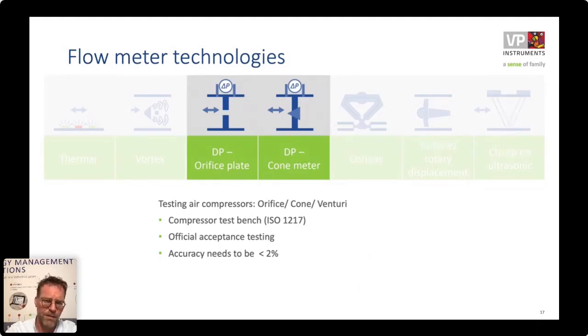And I will come back to that later in a slide. The pressure loss can be quite significant, which means that you have to pay more on your energy bill. Now, there are some variations on this, like the cone meter or the Venturi type of flow meters that have a lower pressure loss, but that also comes at a price. So these are more expensive.